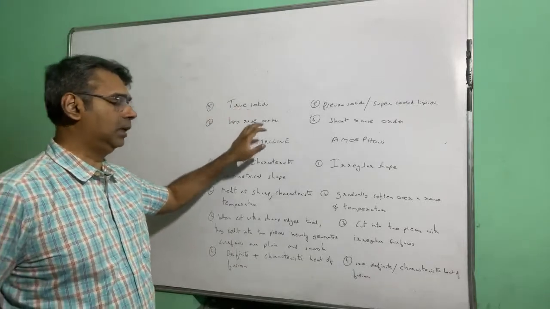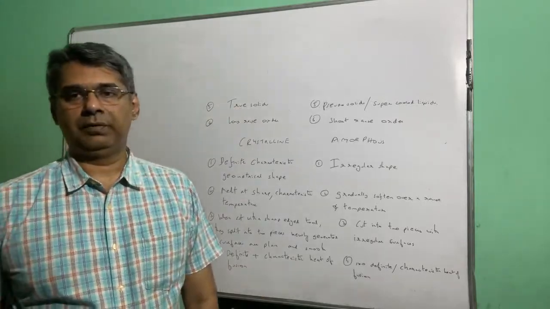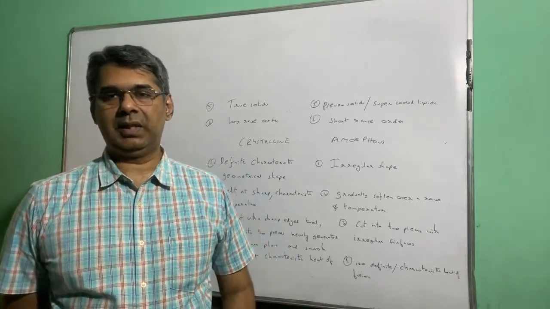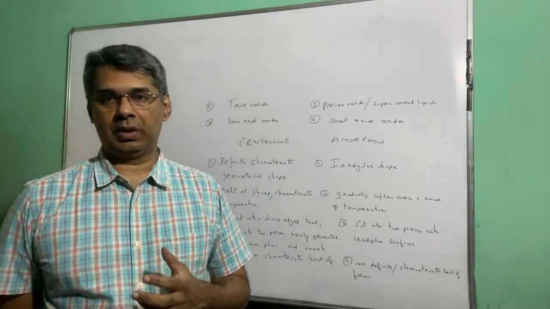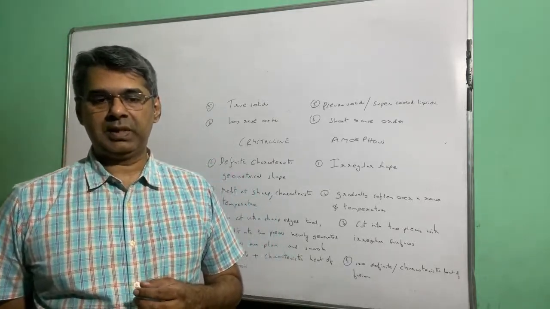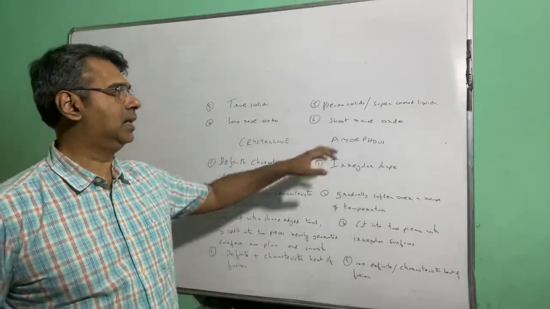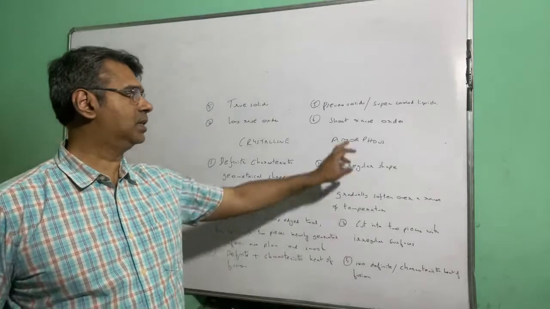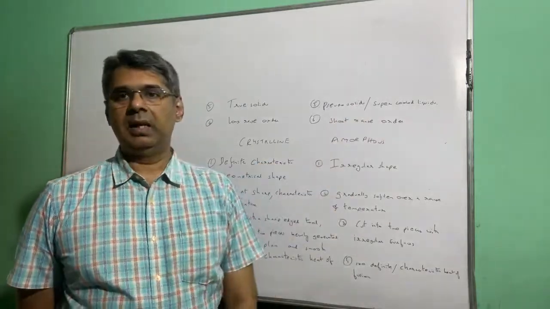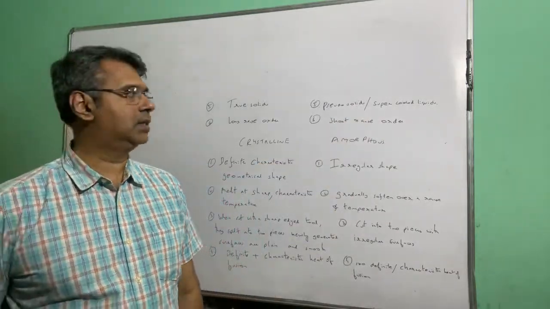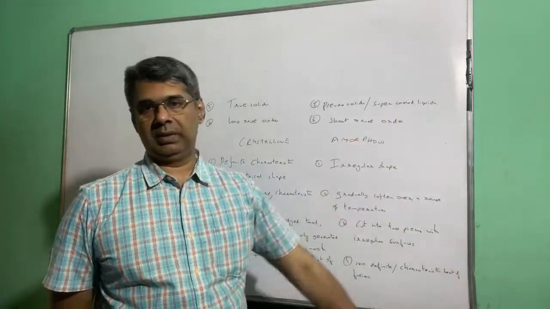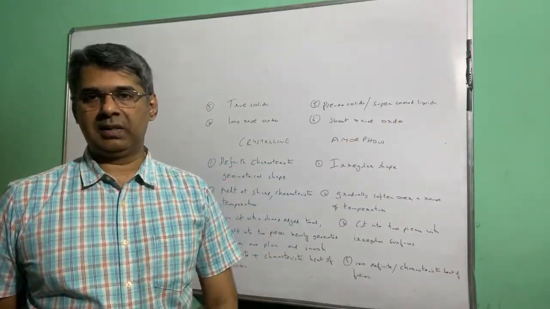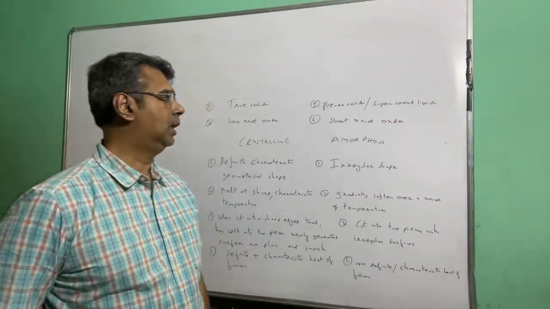And for all practical purposes, crystalline solids, we say that they are true solids, right? We say that they are actually solids, whereas amorphous solids, we don't recognize them as true solids. We say that they are pseudo solids. That means they are actually not solids, they are super cooled liquids. For example, glass is considered a super cooled liquid.